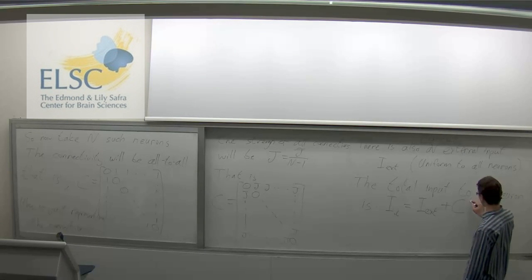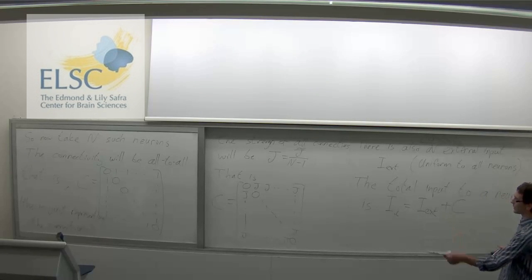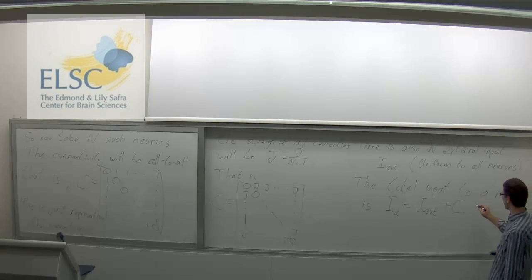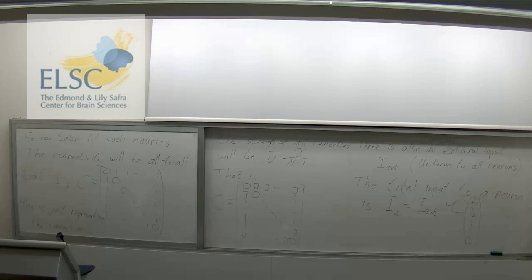So what is the state? Let's write it down explicitly. The state is the activity of each neuron. We called it F: F1, F2, to Fn. But what is C times all this?